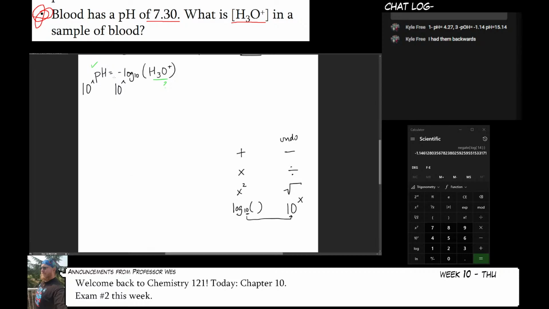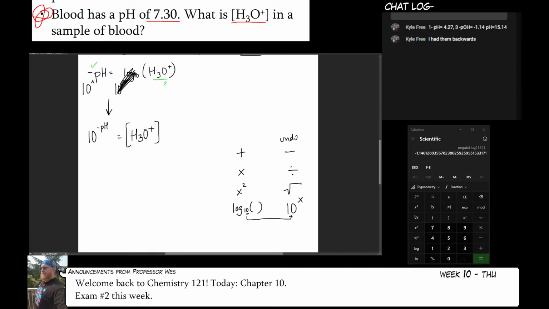Now, before I do that, because this is trapped in my exponent, I'm going to move this minus over here so I can get everything by itself. So then my expression right here would become 10 to the minus pH equals, the 10 to the and the log cancel out, and I get the concentration of H3O+.